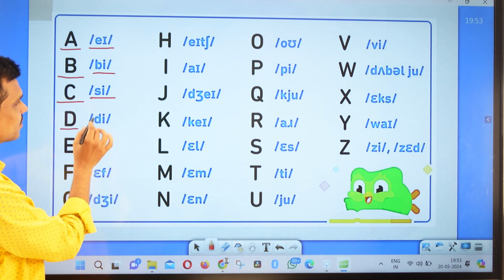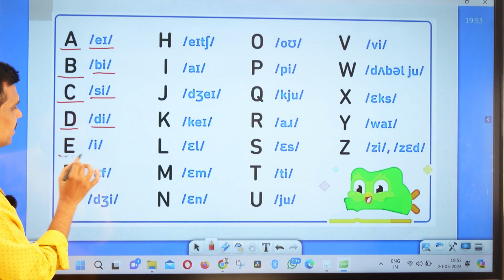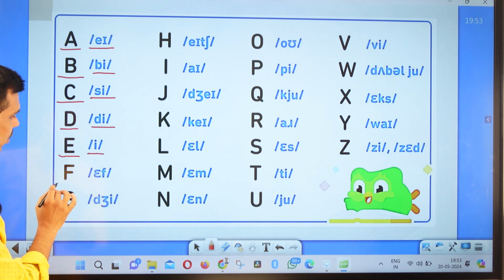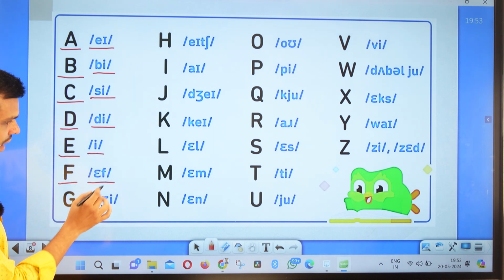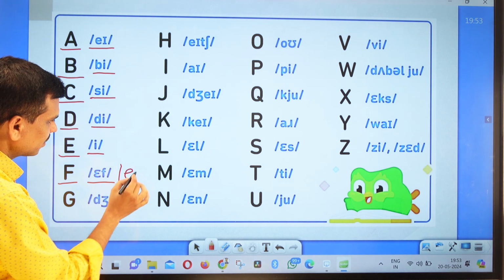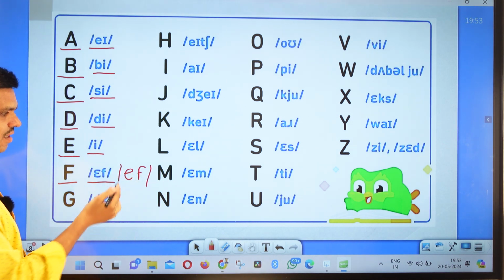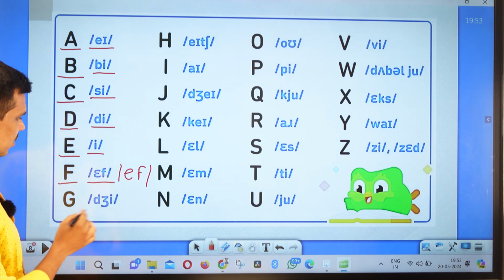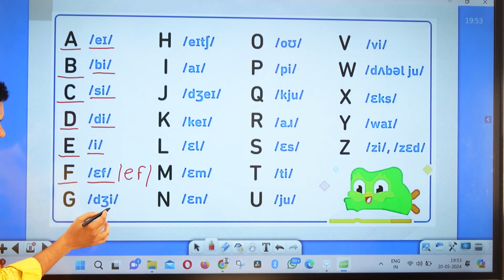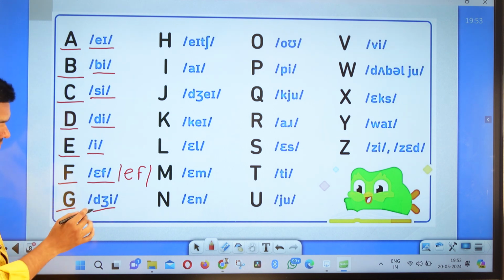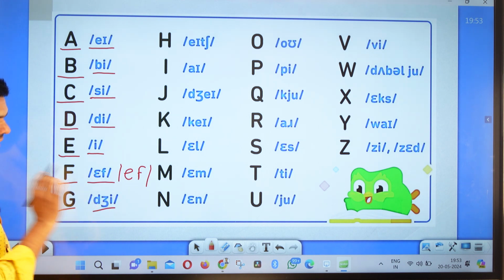D represents again D-E, then E represents the E sound. Then we have F, and this is also written as a symbolic representation. Then we have the G sound, J, E. We can say that there are two sounds, the J and E sound.